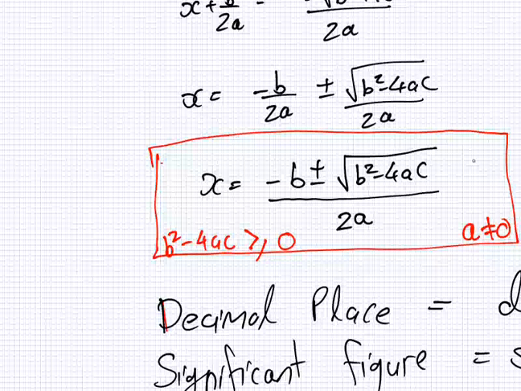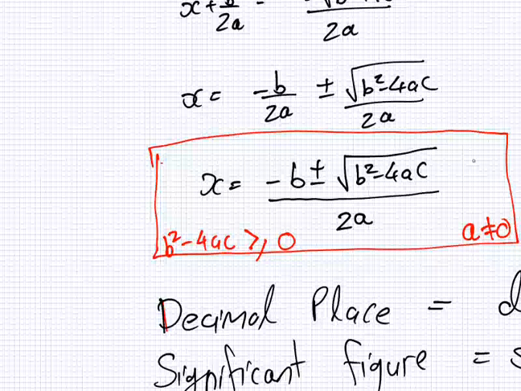X equals minus b plus or minus the square root of b squared minus 4ac all over 2a. Sorry, 4 times 8 is 32. So that should be 32. Okay. Right, so we have x equals minus 8 plus or minus square root of 32 over 2.